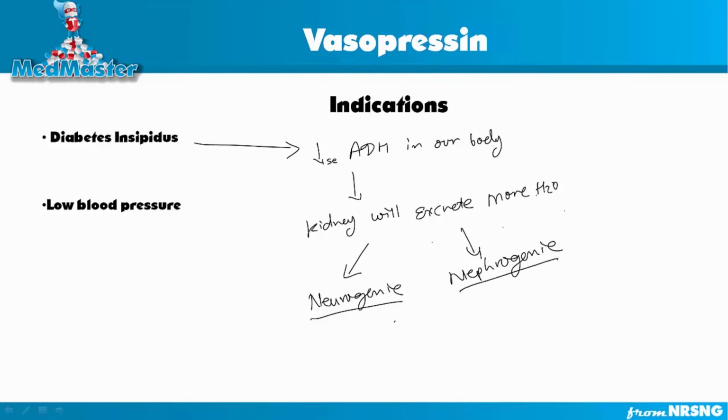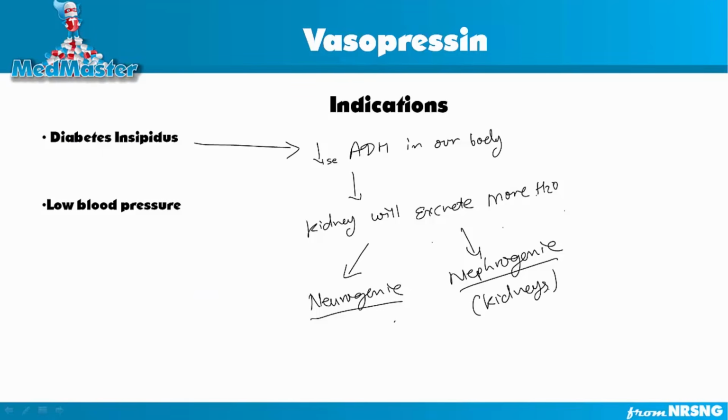Now another one is called nephrogenic. Here their nervous system is intact, their posterior pituitary gland is intact and is secreting enough antidiuretic hormone, ADH, meaning vasopressin as well. However, their kidneys are not responding well to the ADH.